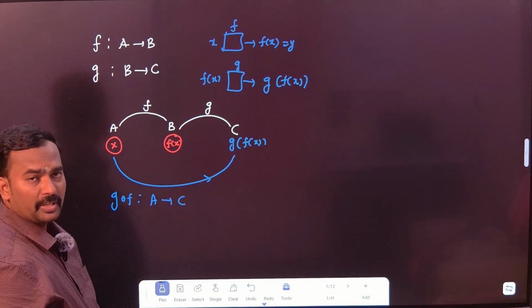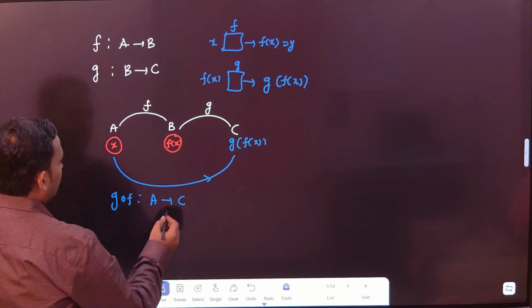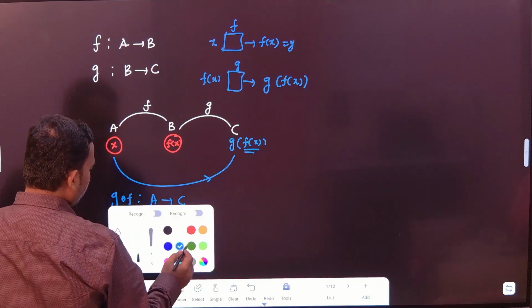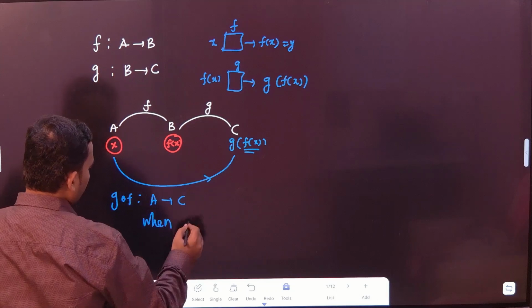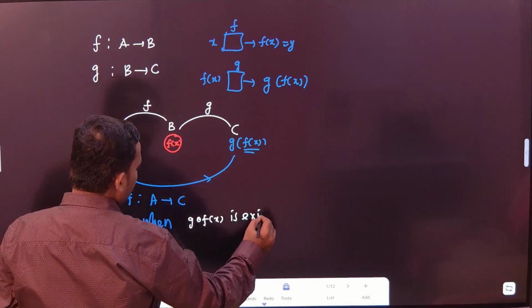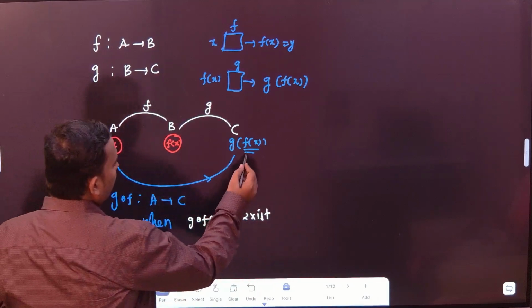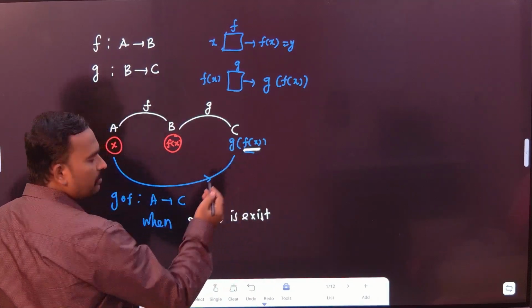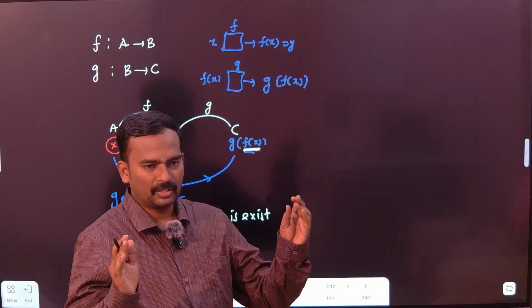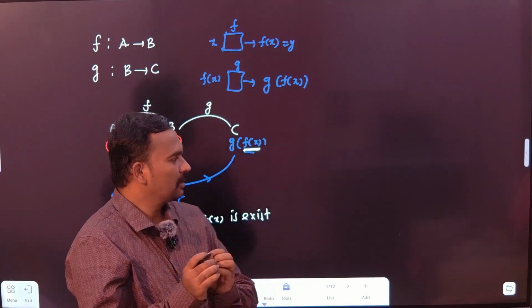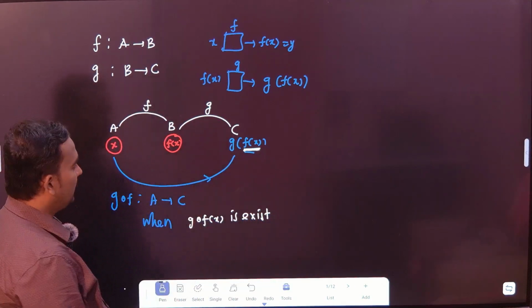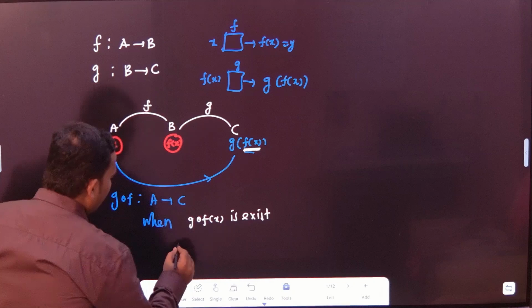When is G composition f of x defined? You can see that the range of f will be completely within the domain of G, right?